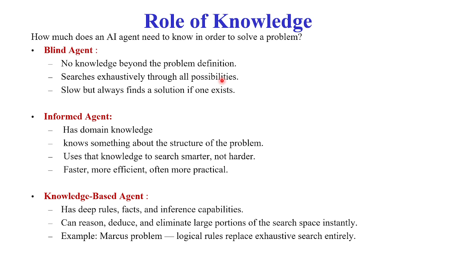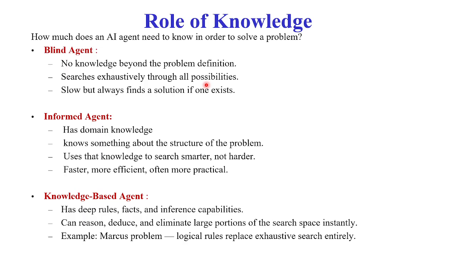It tries all possibilities. This guarantees that it will find a solution if one exists, but it is very slow. Imagine how long it would take for a problem like chess, with how many possibilities to try. Like that, we can define n number of problems.